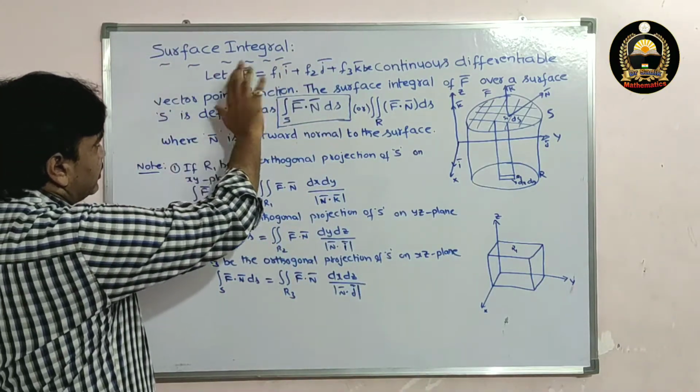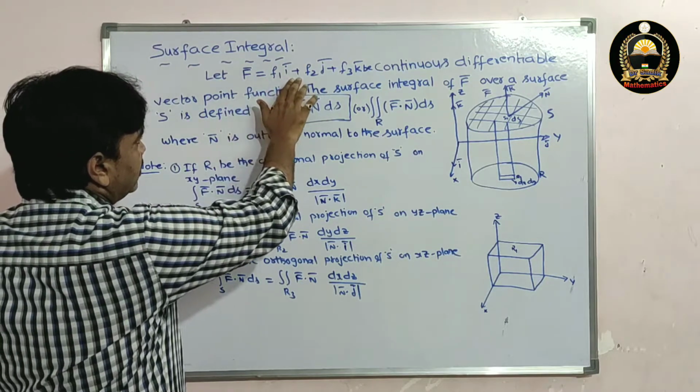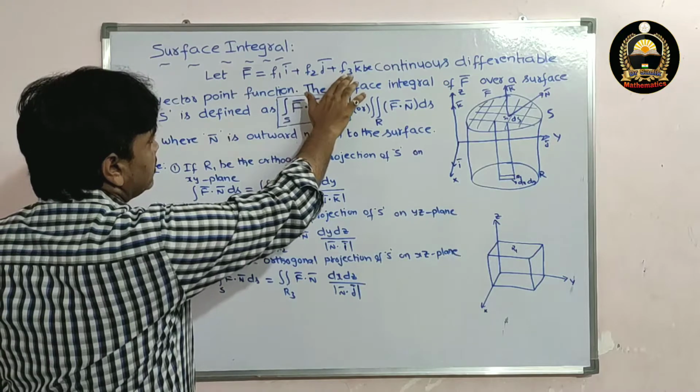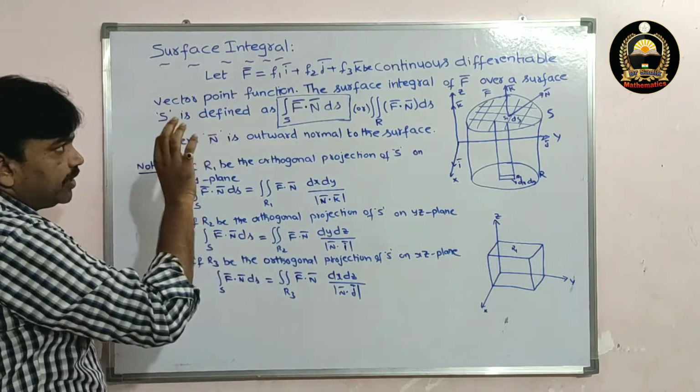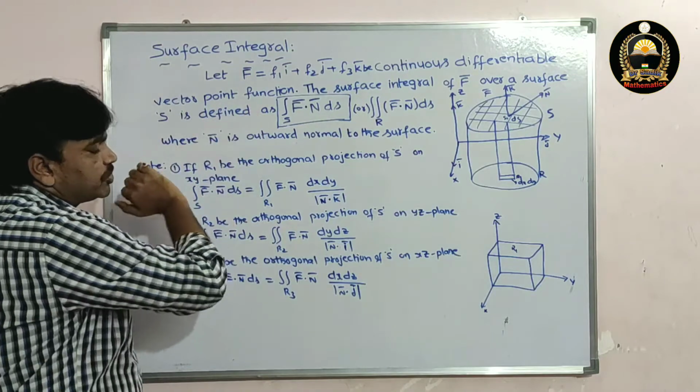Surface integral. Let f bar = f1 i bar + f2 j bar + f3 k bar be a continuous differentiable vector point function.